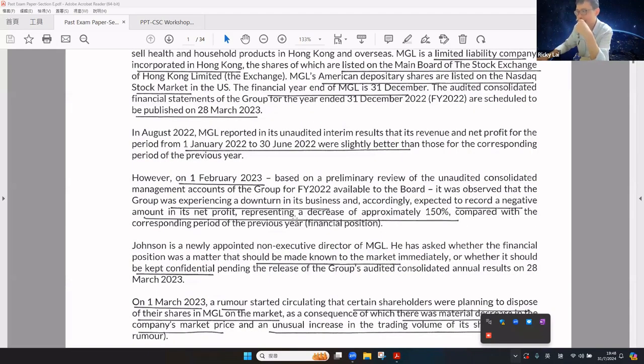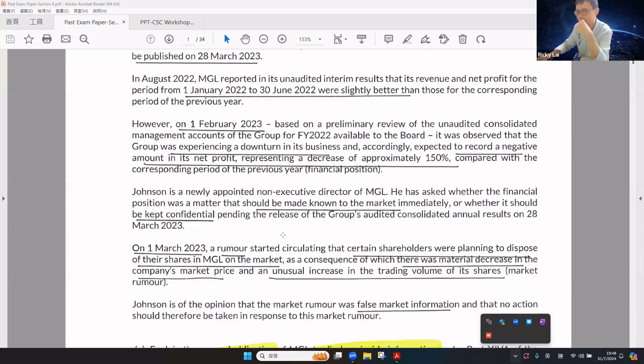One NED asked whether the financial position was a matter that should be made known to the market immediately, or kept confidential pending the release of the annual results on March 28. On March 1st, there was a market rumor that certain shareholders were planning to dispose of their shares on the market.